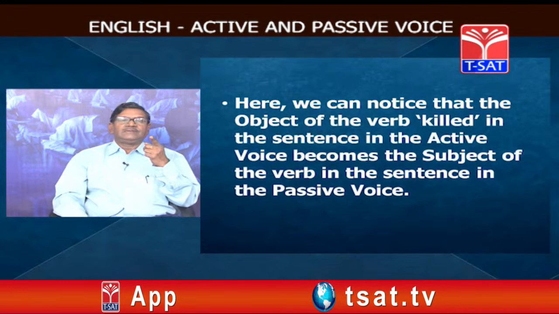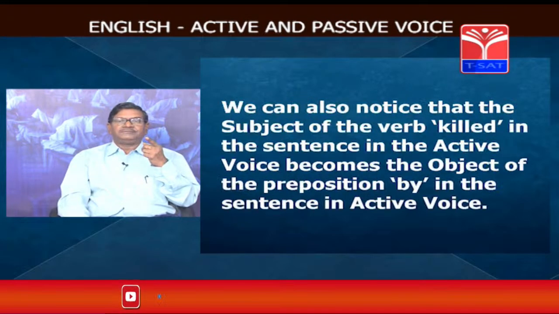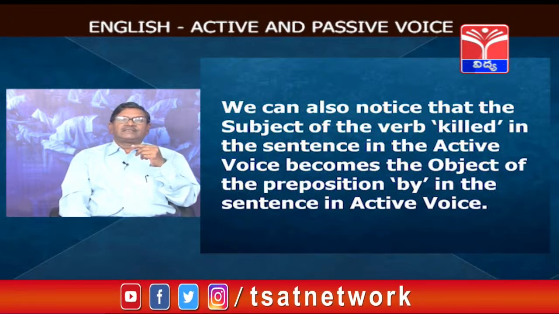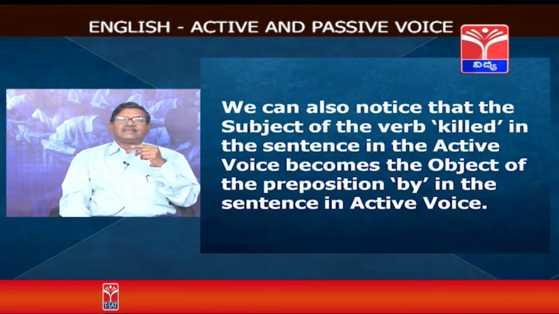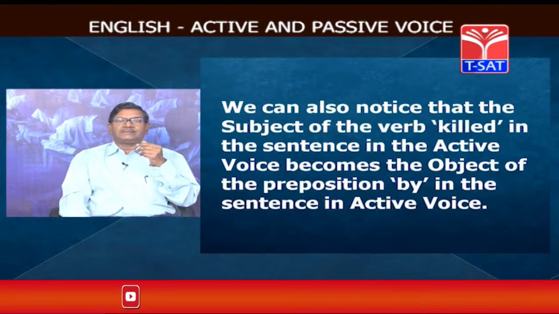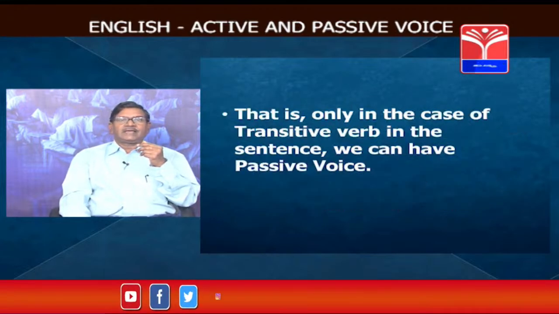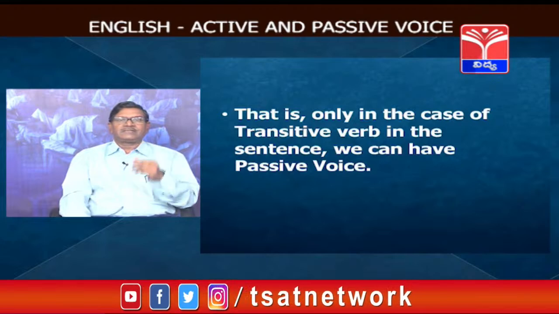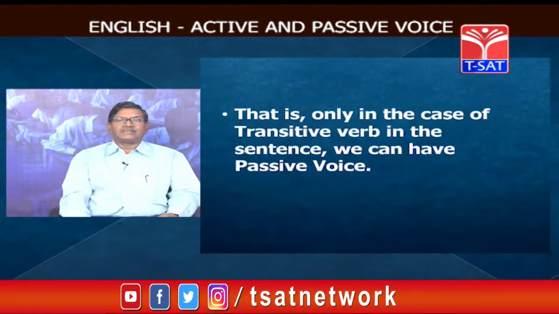So, that is one important change we should keep in view. Then we can also notice that the subject of the verb killed in the sentence in the active voice becomes the object of the preposition by in the sentence in passive voice. It is only in the case of a transitive verb that we can have passive voice in the sentence.